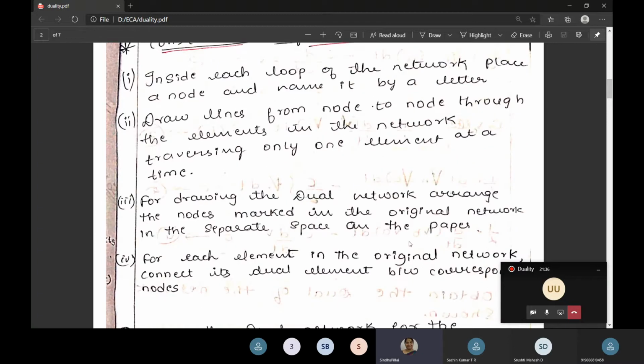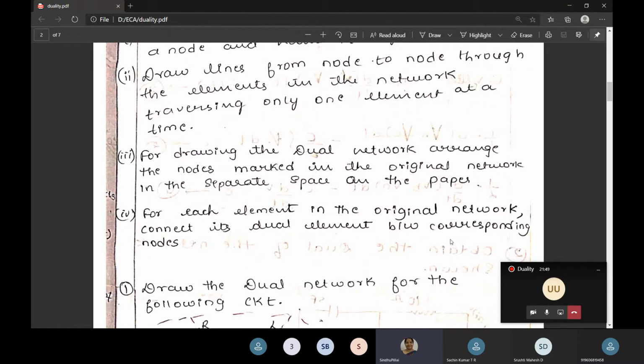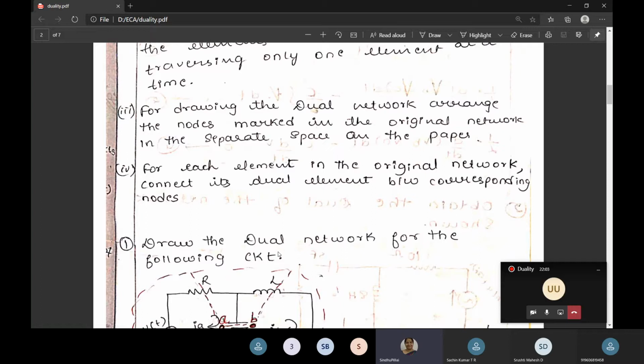For drawing the dual network, arrange the nodes marked in the original network in a separate space on the paper. For each element in the original network, connect its dual element. If it is a resistance, its dual will be conductance. If it is an inductance, its dual will be capacitance. Like that you have to arrange the dual elements.